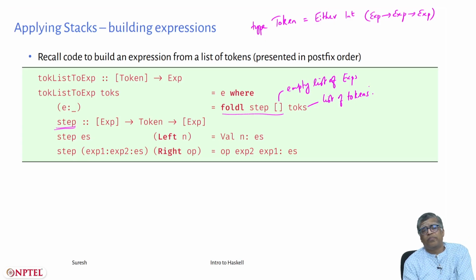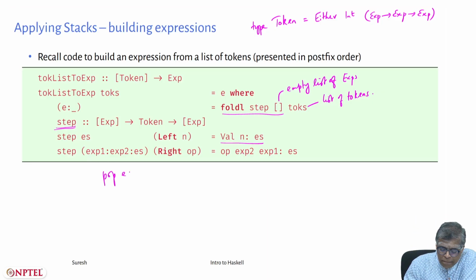If my element is Left n, it will just add Val n, which is a type of expression, to the front of Es. Otherwise, if you have exp1 and exp2 in your expression list, and if you have Right op, then you will pop exp1 and exp2 and you will apply the operation to exp2 exp1, okay, and then you will push op applied on exp2 exp1 back.